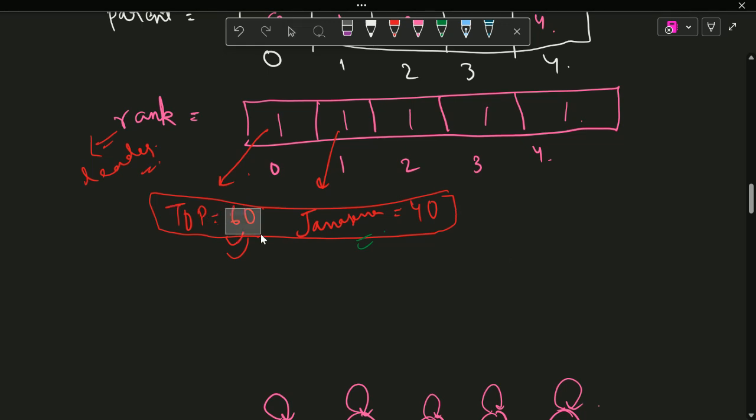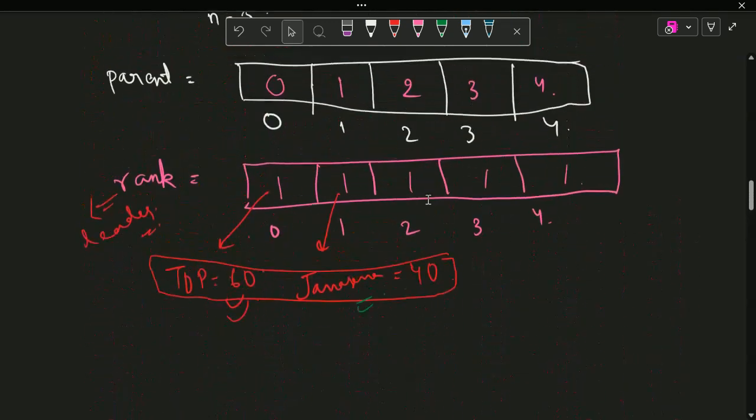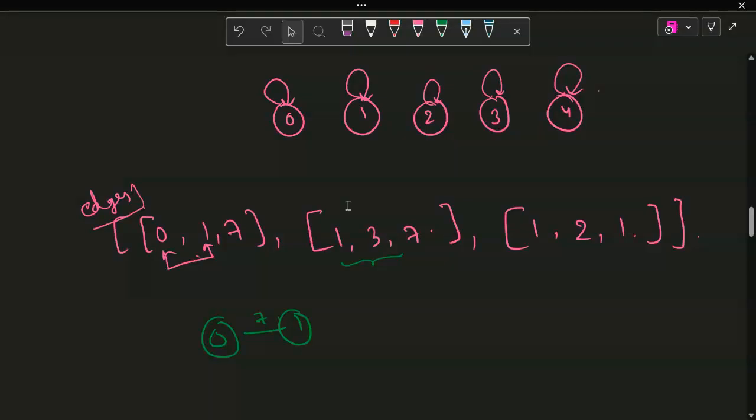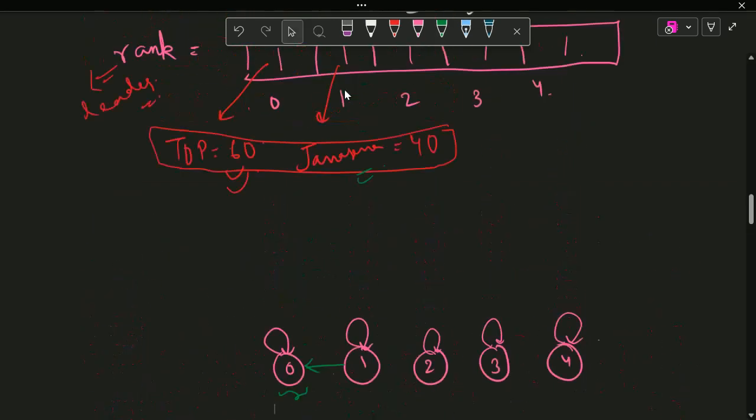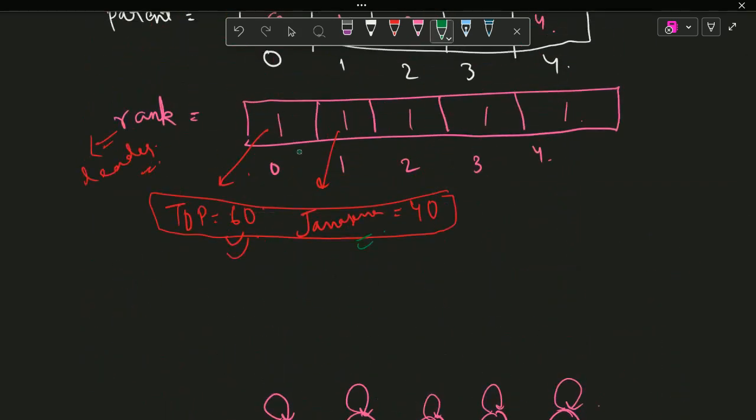If there is a difference, we make changes in the leader, that is, the rank will be defined. Now 0 and 1 are joined. Now the party leader becomes 0, so we increment its rank to 2.